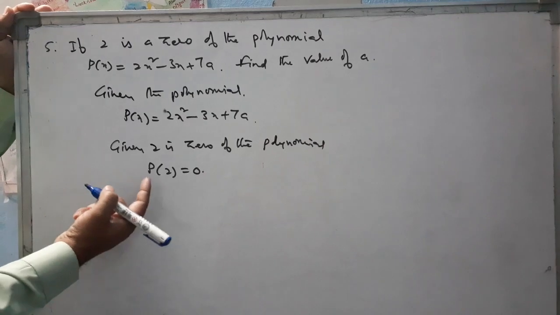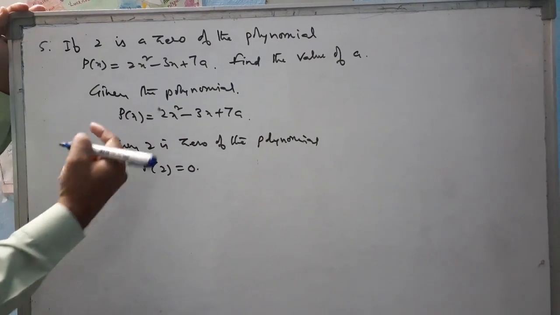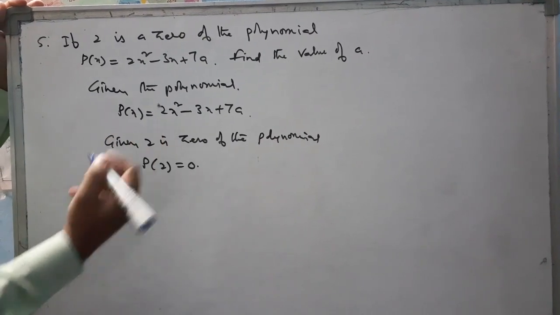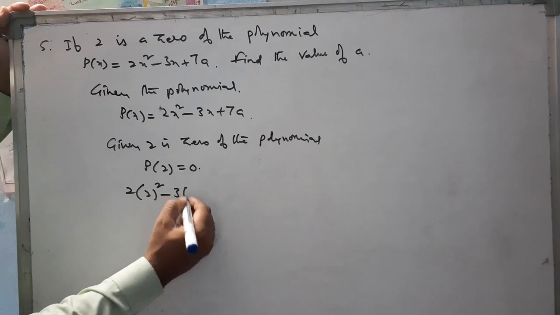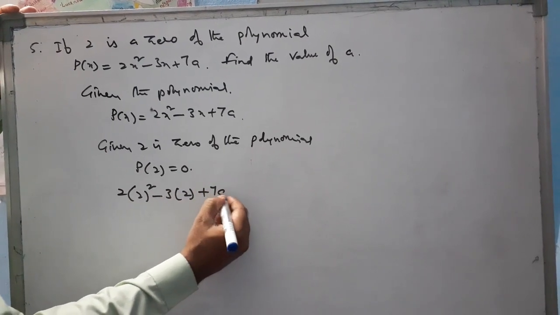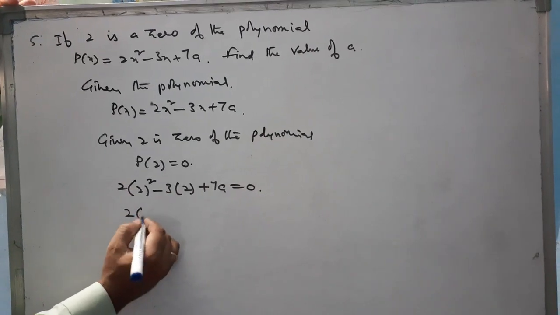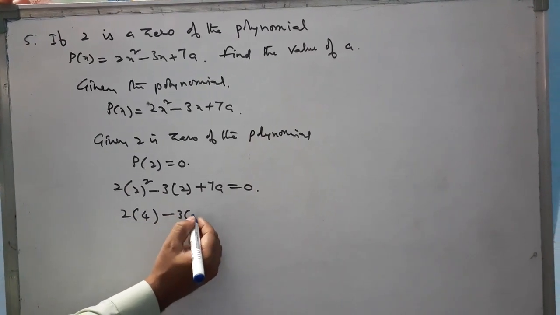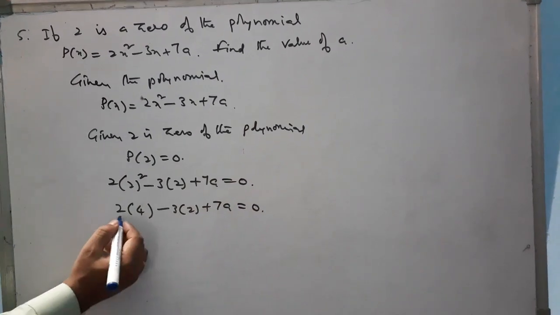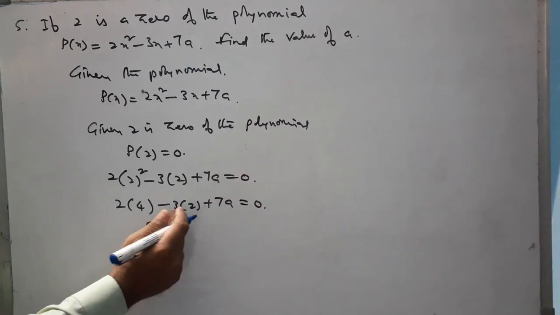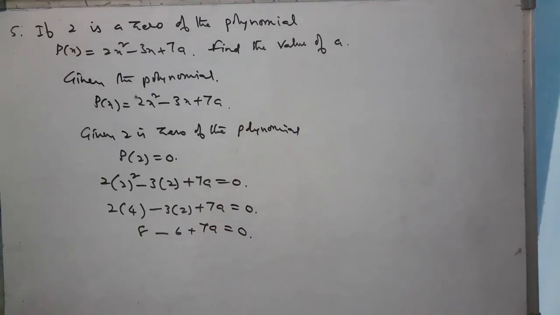So we have to substitute, replace x by 2. So if you replace x by 2, we will get 2 into 2 square minus 3 into 2 plus 7a equal to 0. 2 into 2 square means 4, 2 4s are 8, minus 3 2s are 6, plus 7a equal to 0.